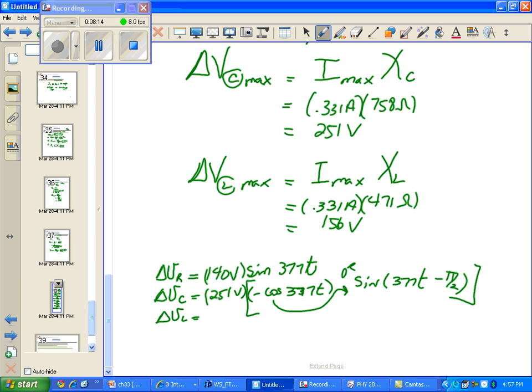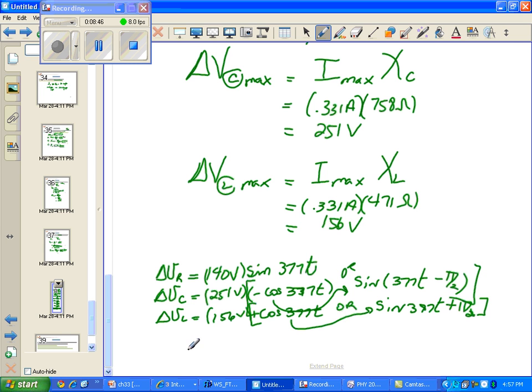Delta V sub L, maximum 156 volts, this time either times positive cosine of 377t or the equivalent of that, sine of 377t, this time plus pi over 2. So we have a choice of how we want to express the time-dependent voltage.